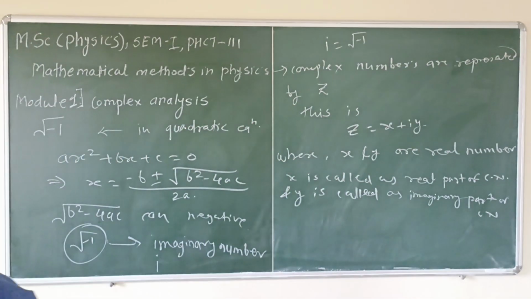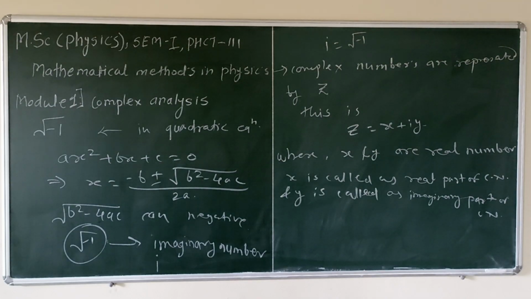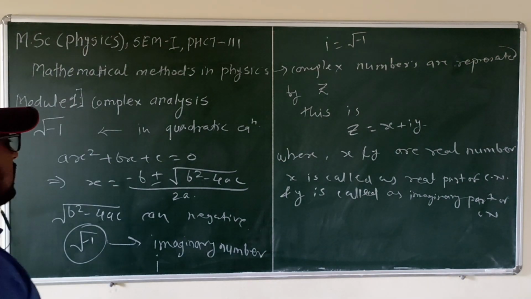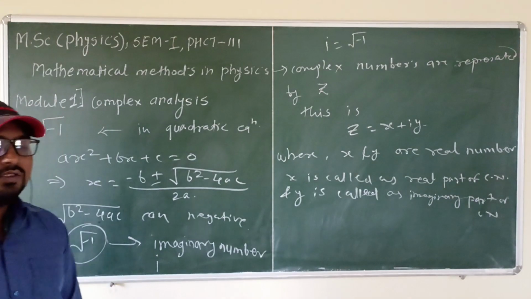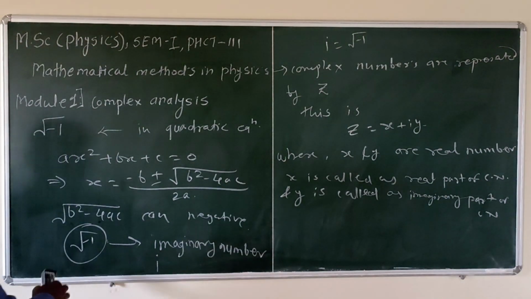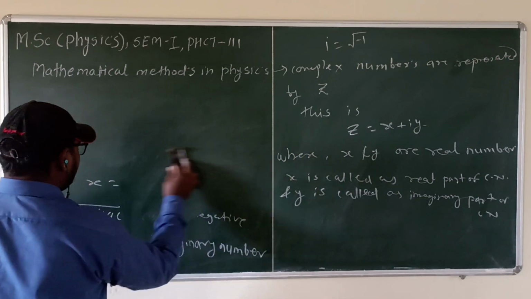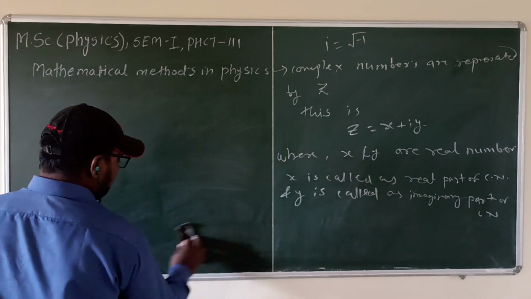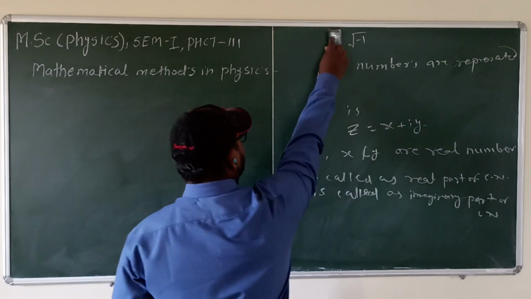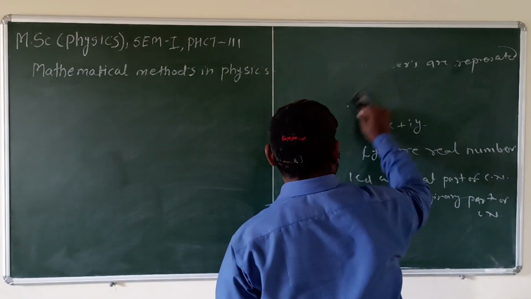This is just a beginning. There are lots of calculations, derivations, and theorems involved in further lectures. So let's begin with our complex number introduction, their properties, and the relation between basic algebraic relations and complex number properties.